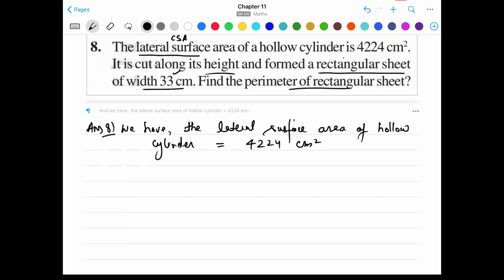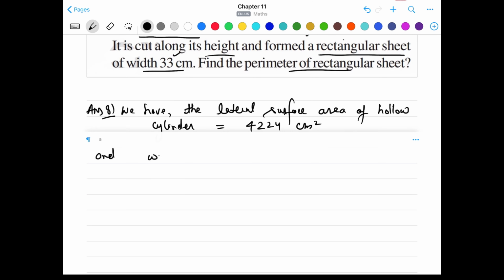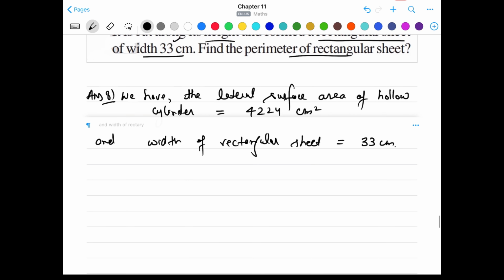Okay, so this is given to us, and we are also given the width of the rectangular sheet, which is equals to 33 centimeter. Okay, so what we have here is, if you have a cylinder like this and you cut it down, its lateral surface will change to a rectangular shape.